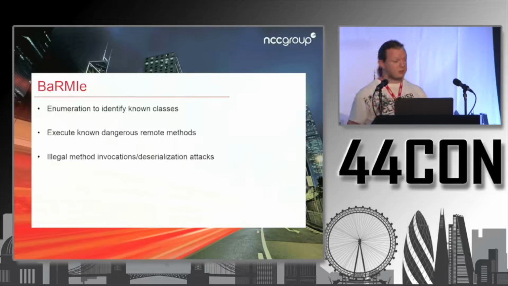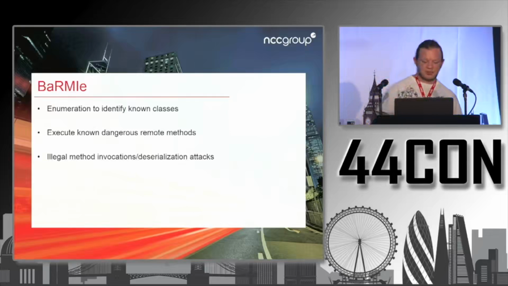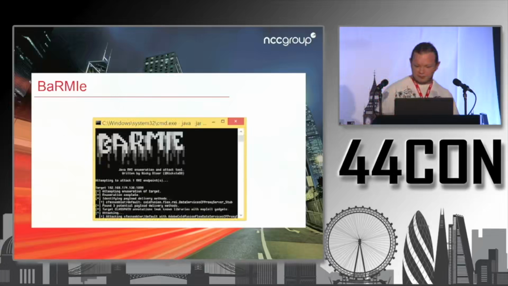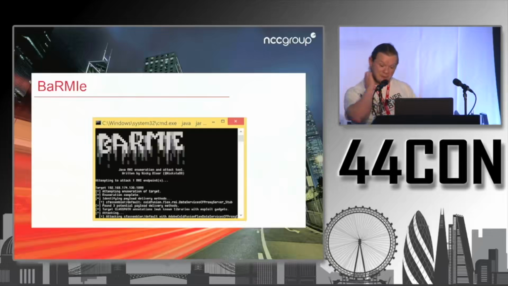Like I said, I'm building all this code into a single tool that will perform these attacks, and you'll be able to essentially run it against a BaRMIe service. If it's got a known class, then you can attack it. That's what BaRMIe is becoming.